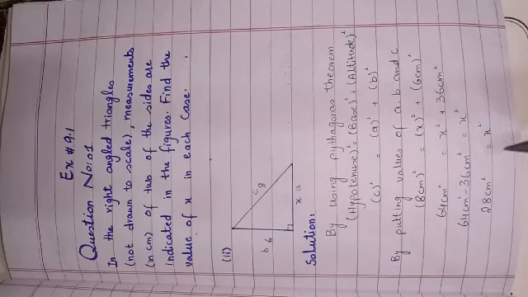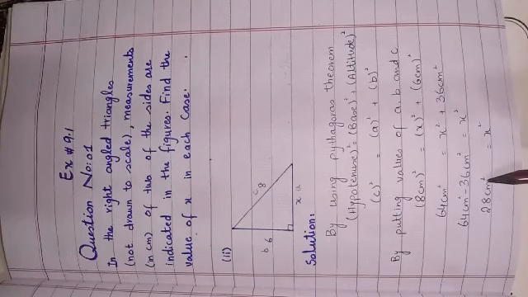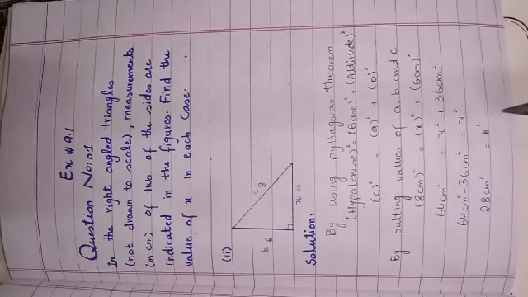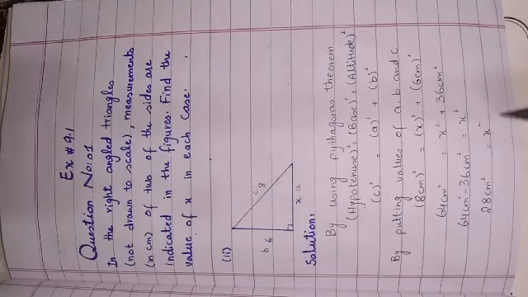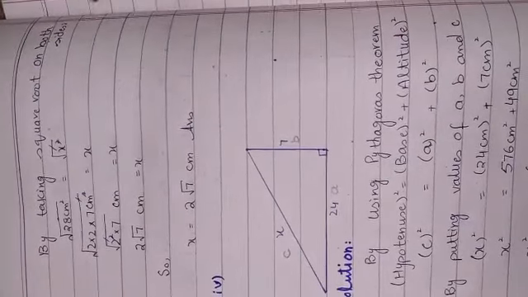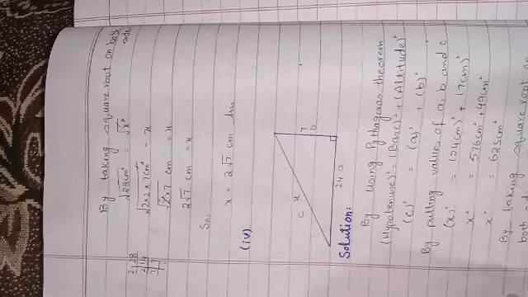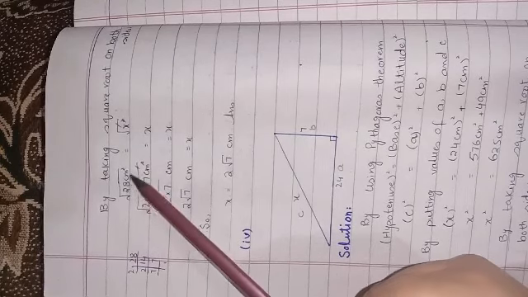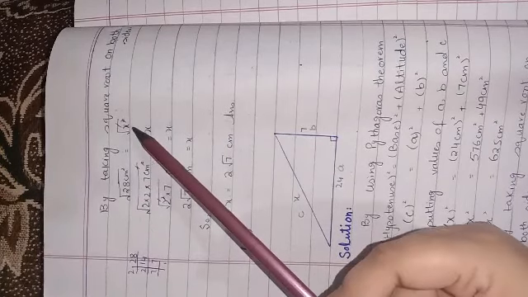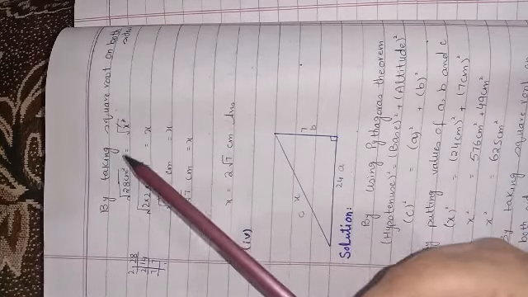Students, as you can see, 28 centimeter square is the value of x square, but we have to find out the value of x. To find out the value of x, we will take square root on both sides. It means we will take square root of 28 centimeter square as well as square root of x square.